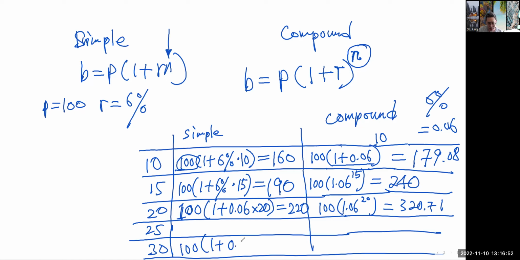Simple is 1 plus 0.06 times 30, which is 1.8 plus 1, 2.8, so that becomes 280. On the compound side, 100 times 1.06 to the 30th power, which is 5.74 times 100, $574.35. So that side is more than double this side.